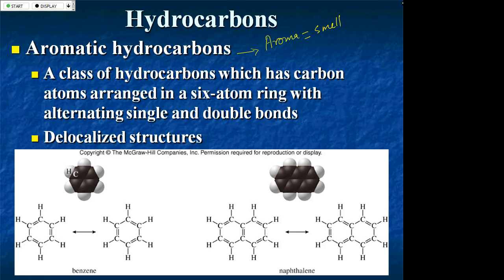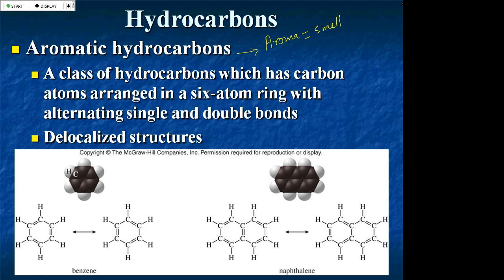Another speciality of the real aromatic hydrocarbons is that they are not chains but have a ring pattern. The simplest aromatic hydrocarbon is benzene. Look at that molecule. Carbon is in a ring, right? In a hexagon ring. The next one, naphthalene, has two rings.